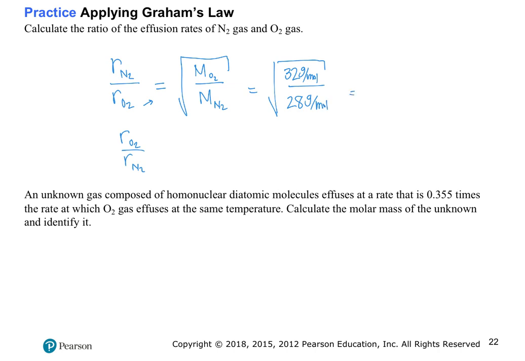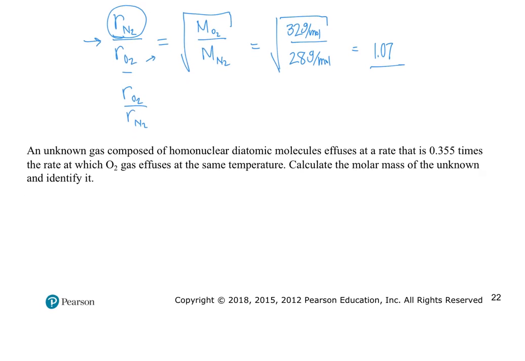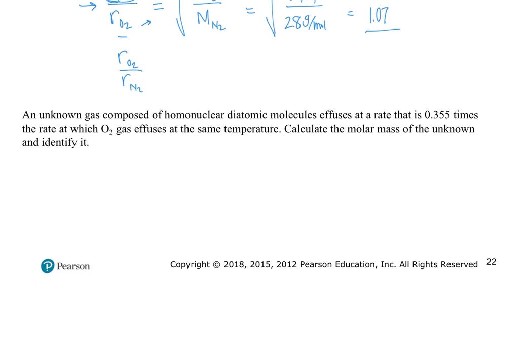So when we plug that in, we do 32 over 28, and then we square root it, and we get 1.07, meaning that nitrogen is going to effuse at a rate that's a little bit faster than that of oxygen, right? Because it's bigger than 1. And that makes sense because nitrogen is a smaller molecule, so it should move with a higher speed and effuse at a higher rate.